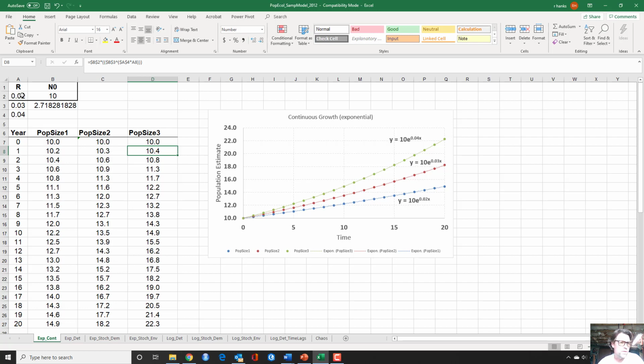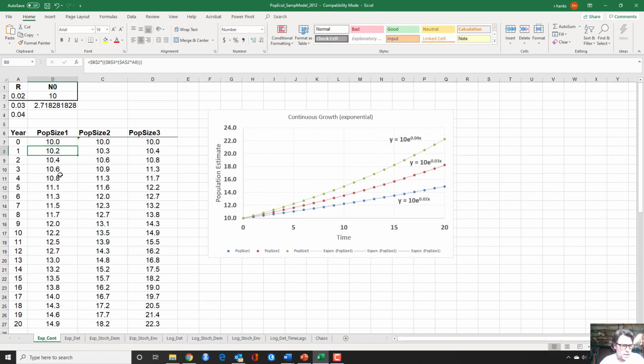So first is R. Remember that this population model is our exponential continuous model. Again, the equation is N sub t is equal to N naught times Euler's number e raised to the rate times time.